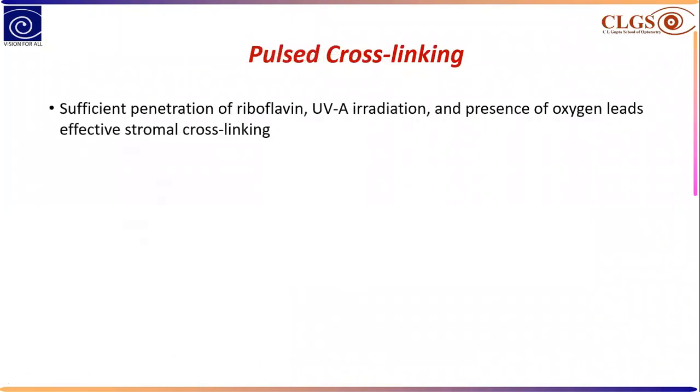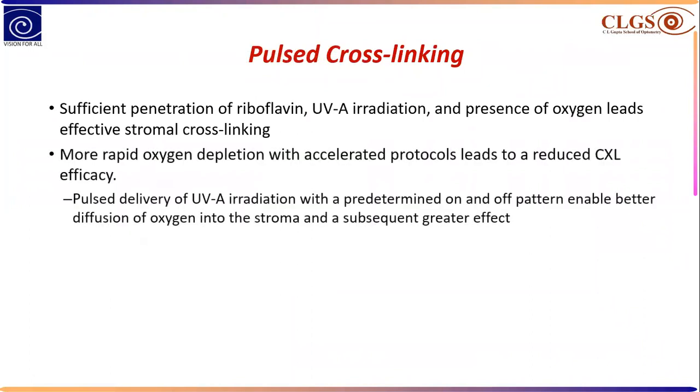Pulsed cross-linking is a kind of extension of the accelerated. In pulsed cross-linking, sufficient penetration of riboflavin, UVA irradiation and the presence of oxygen lead to effective stromal cross-linking. So what is happening in accelerated cross-linking?